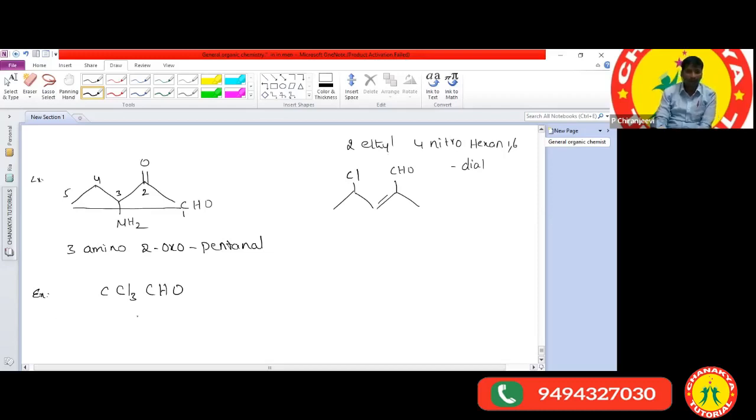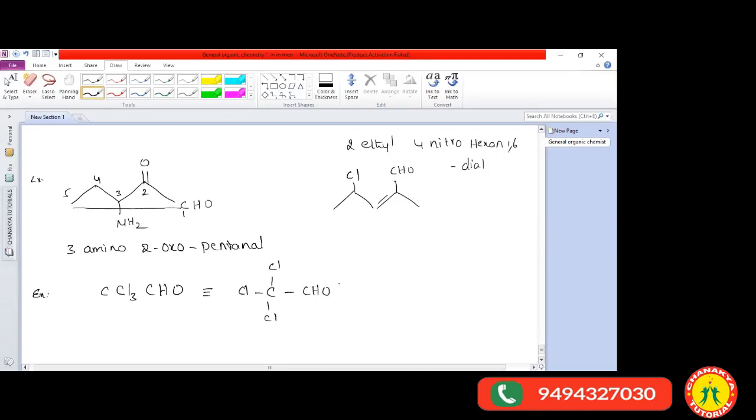Anjan, last one, IUPAC. This one is CCl3. If you want a clearer structure, it is an aldehyde structure: Cl, Cl, Cl, bond, CHO.